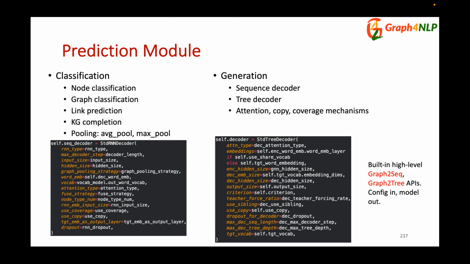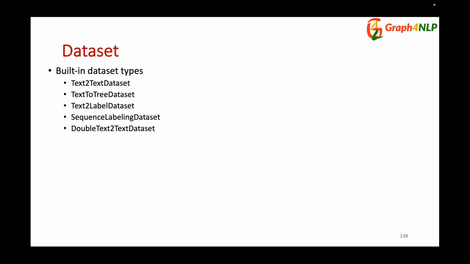Now let's talk about the dataset APIs. Because different types of NLP applications require different formats of input and output data, we categorize those use cases into the following types of scenarios. These include text to text, text to tree, text to label, sequence labeling, and double text to text.